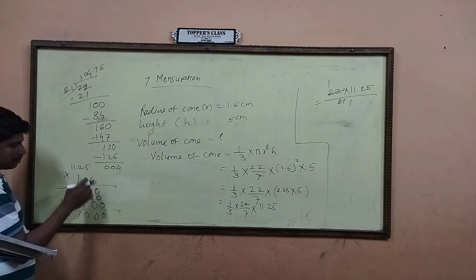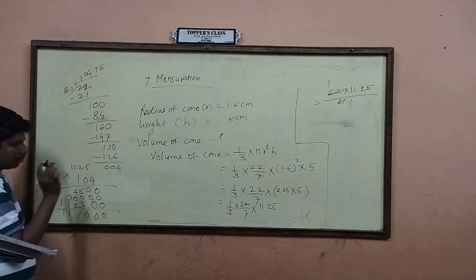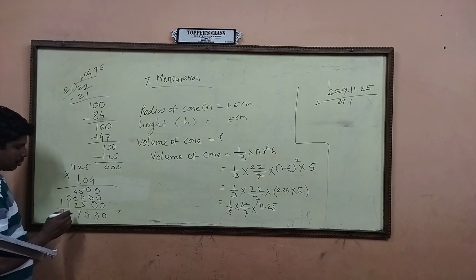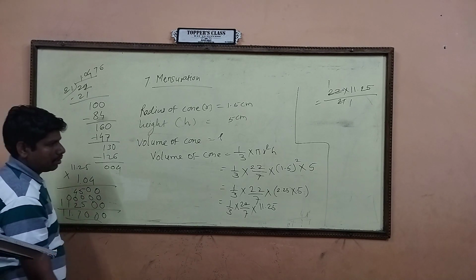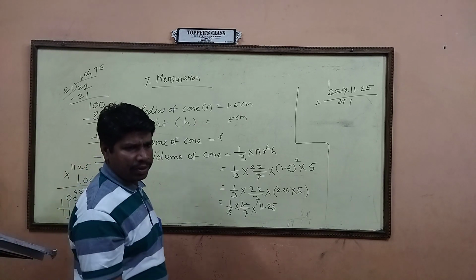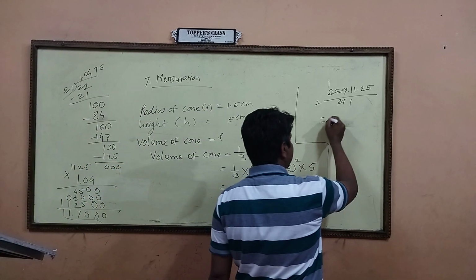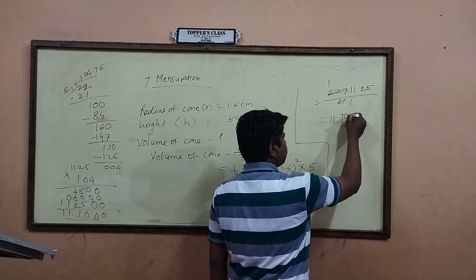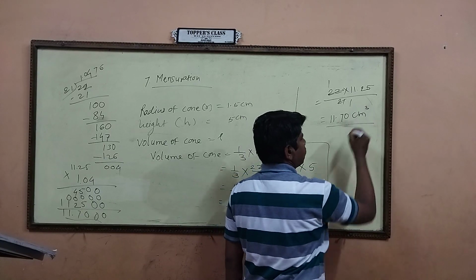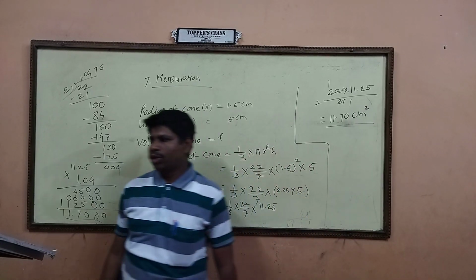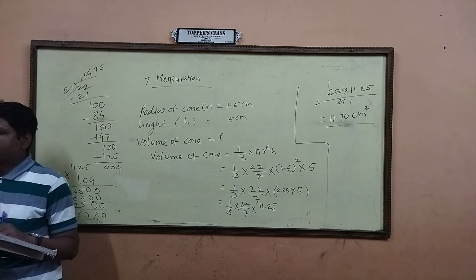Now, after the decimal point, how many digits are there? 4. So the answer is 11.70 cubic centimeter.